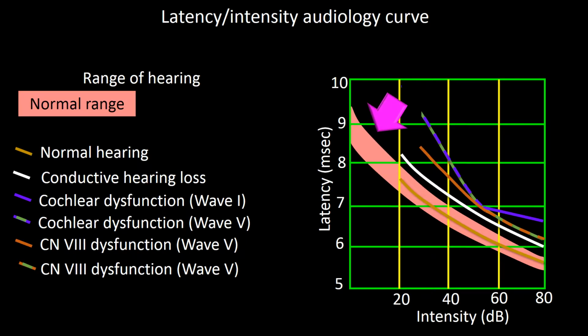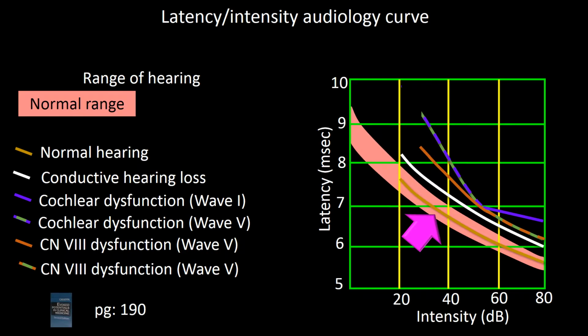Take a few seconds to review this chart. Notice that the pink band represents the range of normal hearing in perfect conditions and in people with perfect hearing. The cream line inside the pink band represents the normal hearing of most average people.